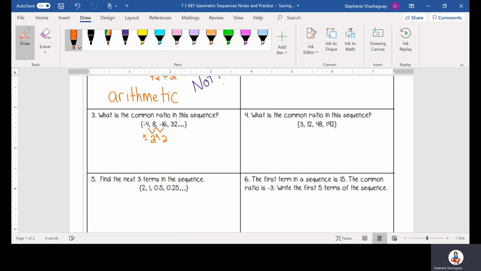And I'm just going to put an X so you know that I'm multiplying. -16 to 32, I'm multiplying by -2. So the common ratio, my r, is equal to -2.